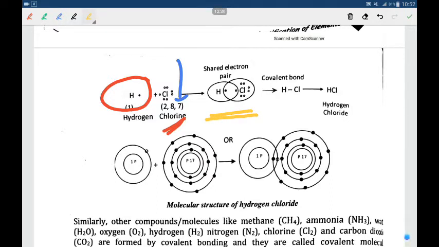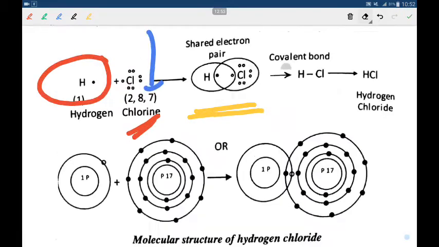Now see what is given here. The 1 electron of hydrogen and 1 electron of chlorine is shared by both. Because of mutual sharing, in hydrogen there will be 2 electrons, and in chlorine there will be 8.